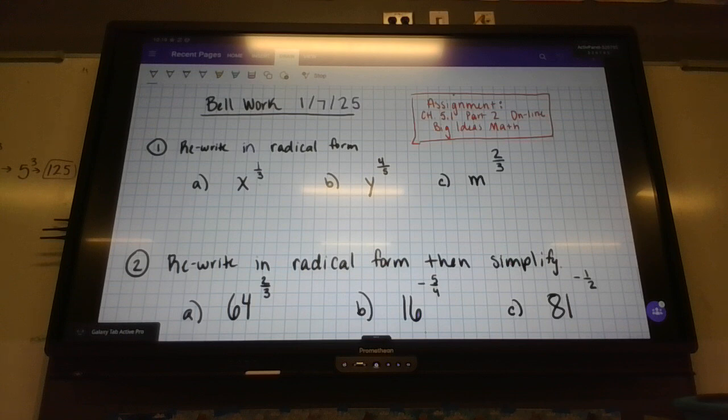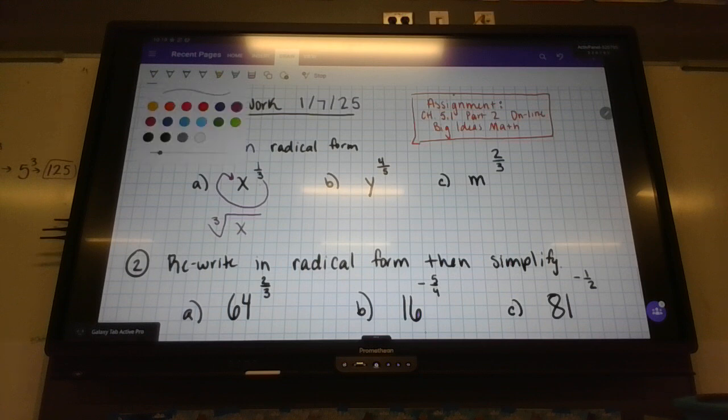Do you want me to look at something you wrote down yesterday? Oh, is there the three parentheses? Yes, the 3 will go down and around. It will become an index. Here's the radical. The x goes underneath, and the 1 will stay high. It'll stay an exponent.